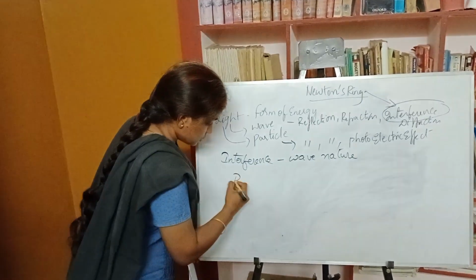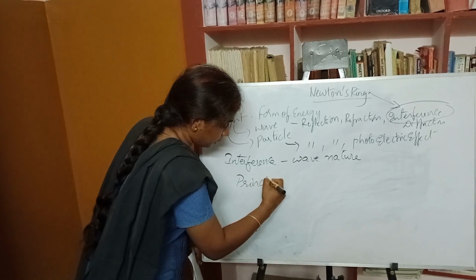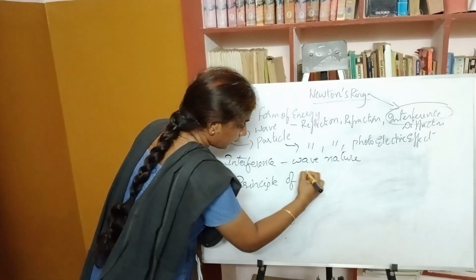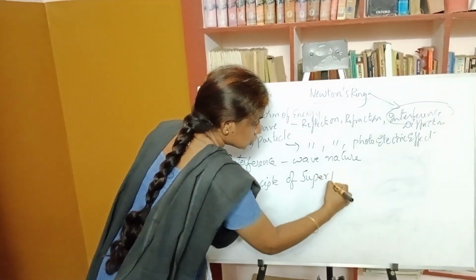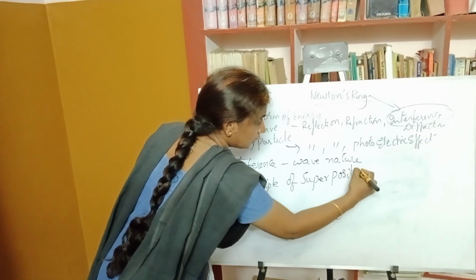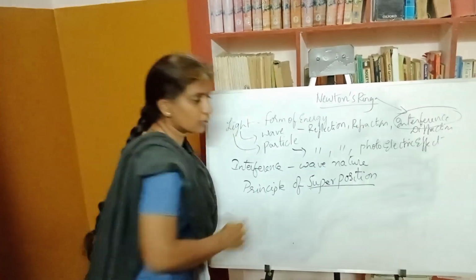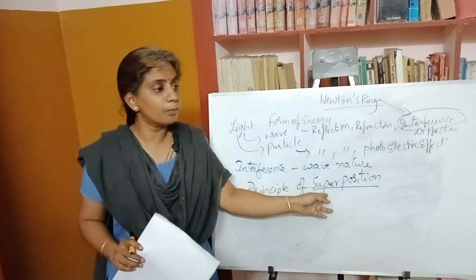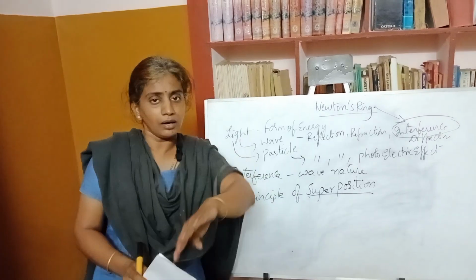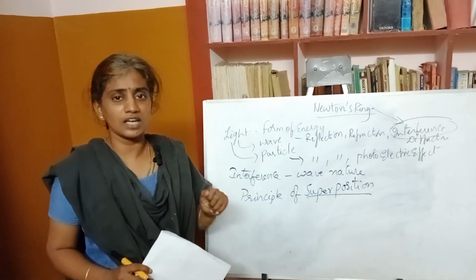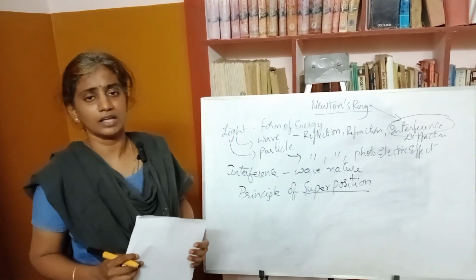Okay. So what is it? Principle of superposition. So the word itself is giving you a lot of meaning. Superpose means you are putting one over the other. What is that one that is being put over the other?